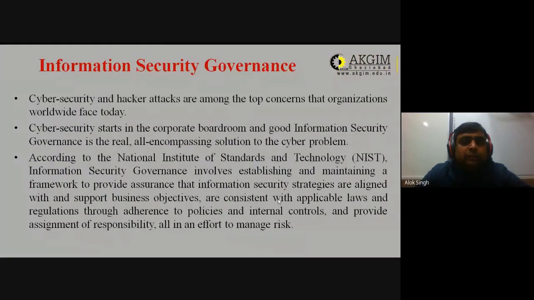So what is information security governance? Basically, cyber security and hacker attacks are among the top concerns that organizations worldwide face today. Nowadays, security is of utmost challenge in this cloud-based environment or cloud-based information system security.